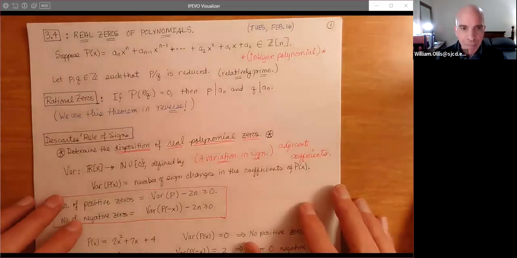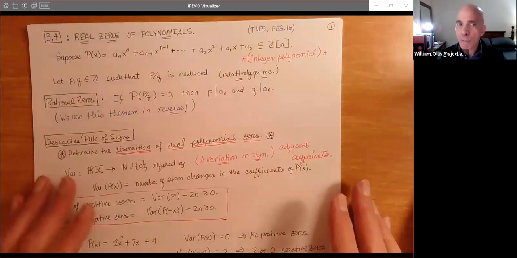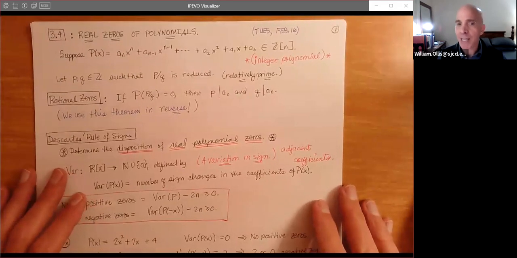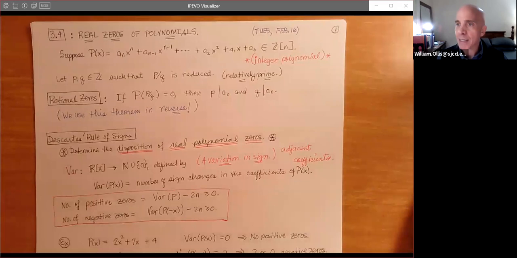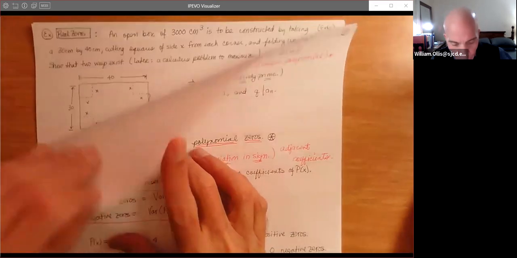What we're going to do is start with real zeros. We've been doing this from the beginning of class, but now we want to make it a little more formalized. I've taken the basic ideas from the sections in 3.4 and 3.5. Actually, let me check here.